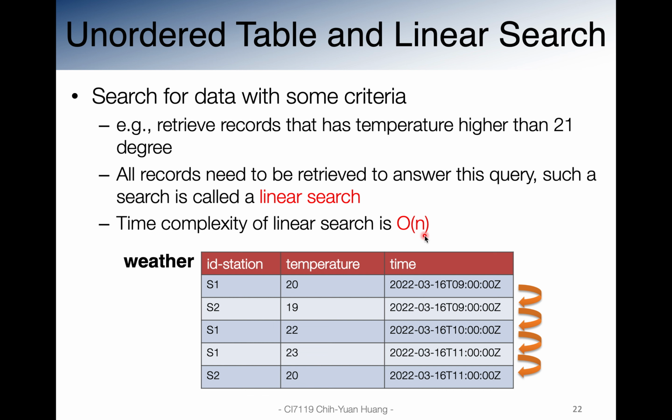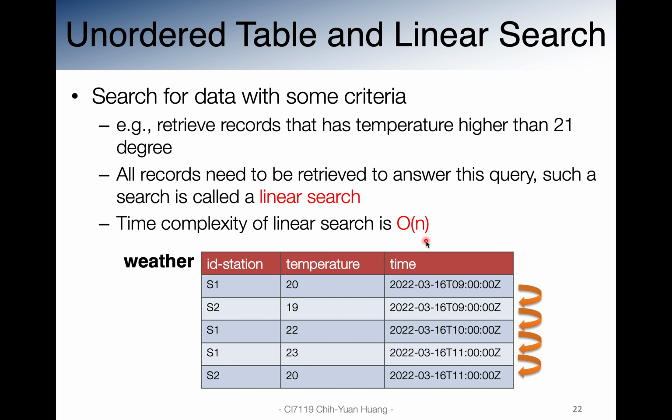The more data that you have, the more time you need to answer this linear search, and their relationship is O of n. Or you can say it's like a one by one increase of the execution time.